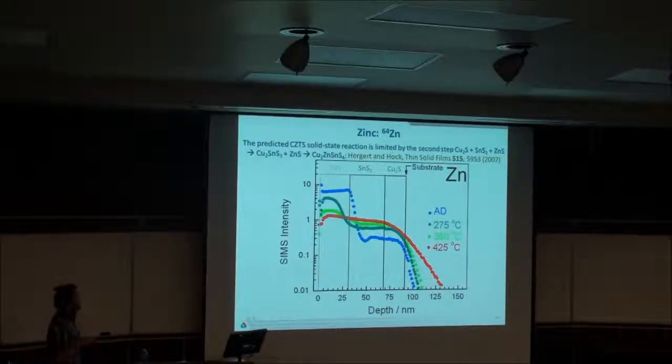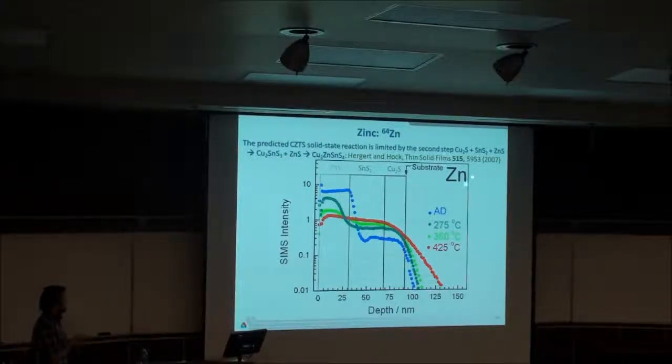We interpreted this effect in terms of an effect predicted some time ago, which basically says that the solid state reaction between these three metal sulfide binaries takes place in a two-step manner. When you anneal and mix copper sulfide, tin sulfide, and zinc sulfide, first you mix copper sulfide and tin sulfide, and it creates this compound.